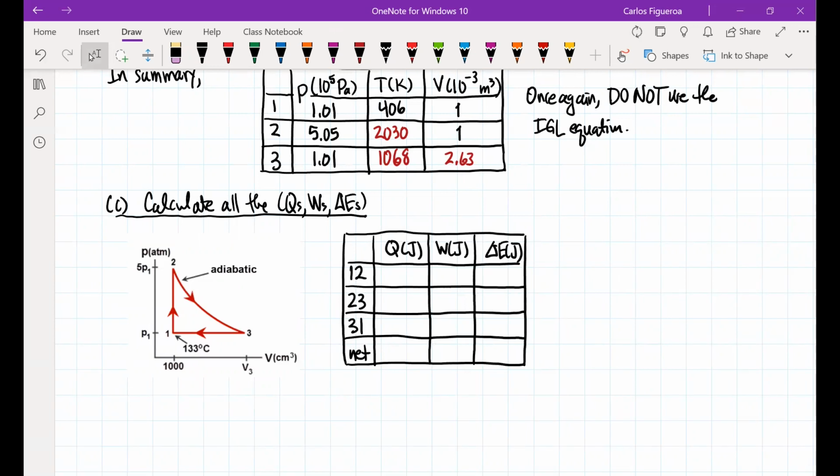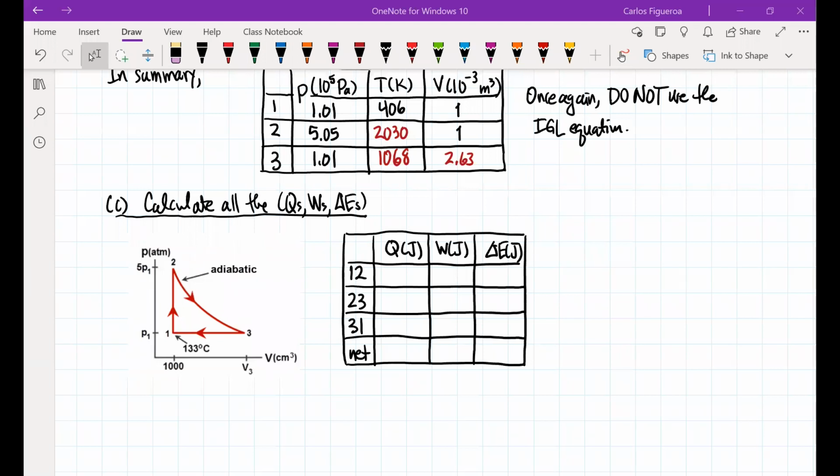The first thing that you see here is that because of these processes, we can immediately talk about what we know right from the get-go. We know that process 1 to 2 is an isochoric, so this immediately tells me that the work is 0. So this tells me that the heat between 1 and 2 and the internal energy between 1 and 2 are the same.